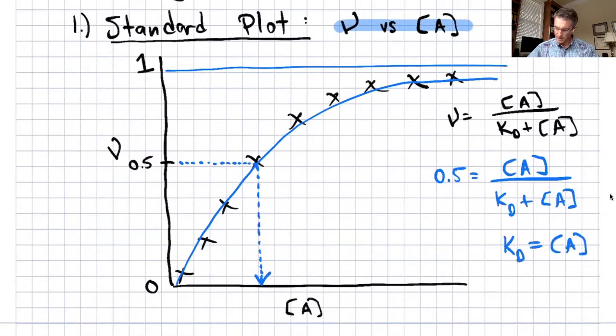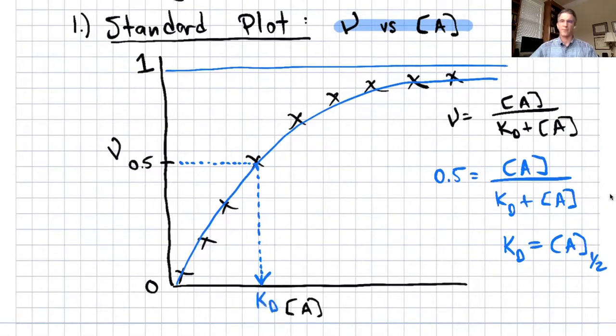Or in other words, the concentration of A at half saturation is equal to the dissociation constant.